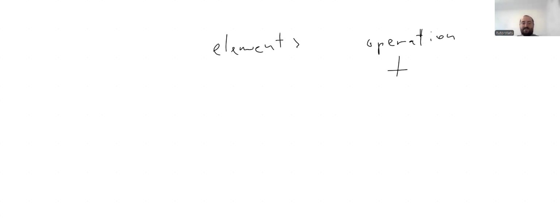Anytime you add two numbers, you get another number. 6 plus 13 will be 19. So it's closed under the operation, meaning anytime you combine two numbers with the operation, you will get another number.